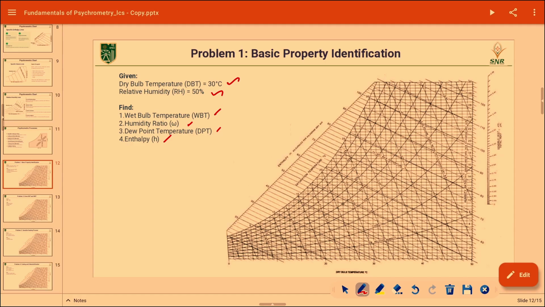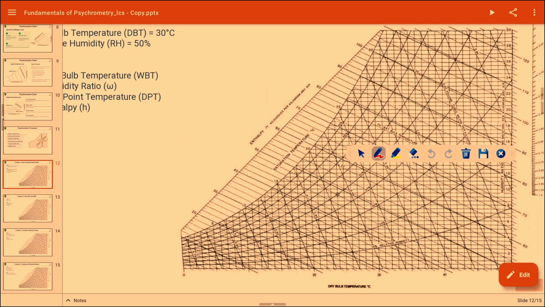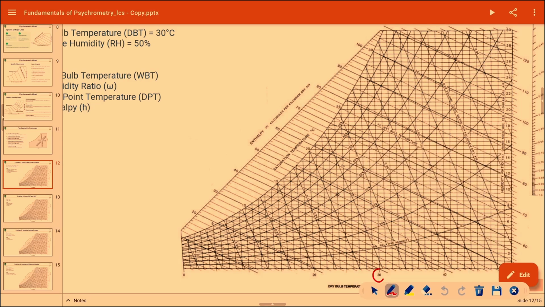30 degrees Celsius, where is dry bulb temperature? On the x axis. 30 degrees Celsius is here. Draw a vertical line from this 30 degrees Celsius, right, and 50% RH. So where is the 50% RH line? Here, 50, 60, 70, 80, 90, 100. So this is the relative humidity line and this is the constant 50.